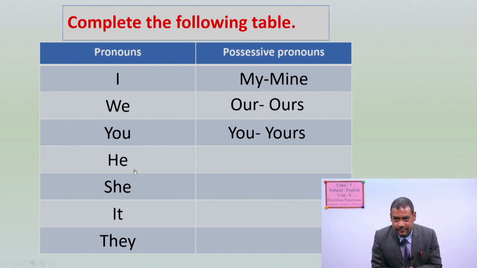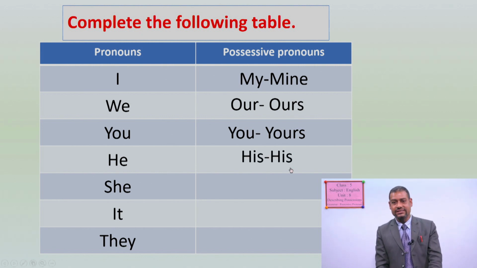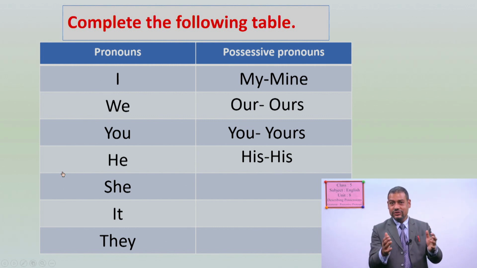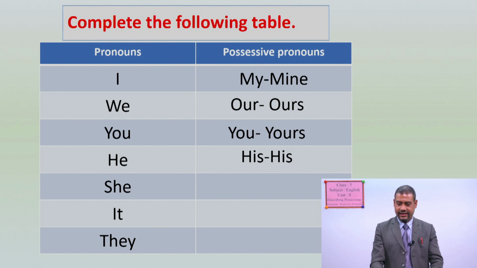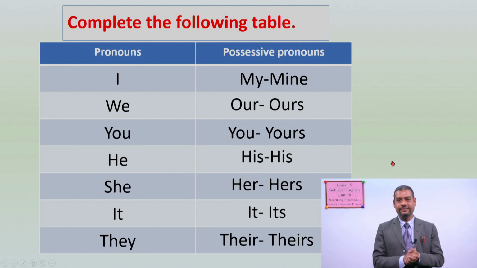Please tell me. Yes, you are right. The possessive adjective is his and the possessive pronoun is again his. The possessive adjective for she is her and the possessive pronoun is hers. For it, it is its and its. And for they, you have to write their and theirs. So is that clear to you?